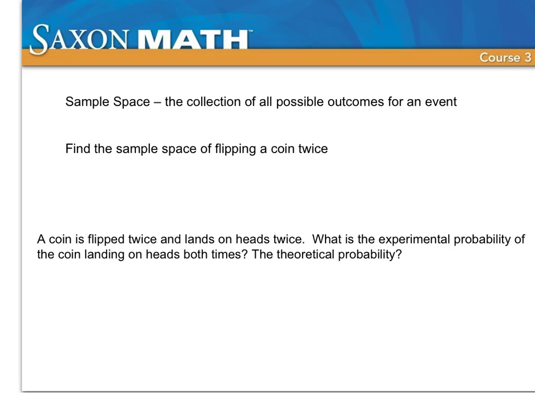Another thing we need to know is sample space. Sample space is the collection of all possible outcomes for an event. So everything that could possibly happen. It says to find the sample space of flipping a coin twice. If I flip a coin twice, I could get heads the first time and heads again the second time. I could get heads the first time, and then tails the second time.